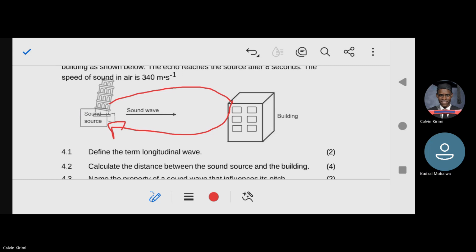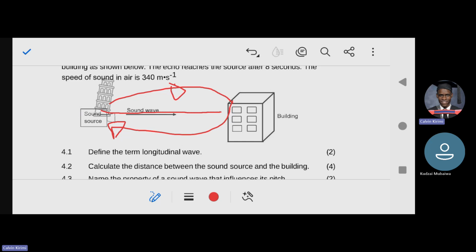So the sound is produced by the source and goes in this direction. This is the original sound direction. Then the echo is now the duplicate sound of what you have already said. For example, when you say come, then that come is reflected back. You hear it back after 8 seconds, which means the original sound went first. This is now the reflected one, the echo.